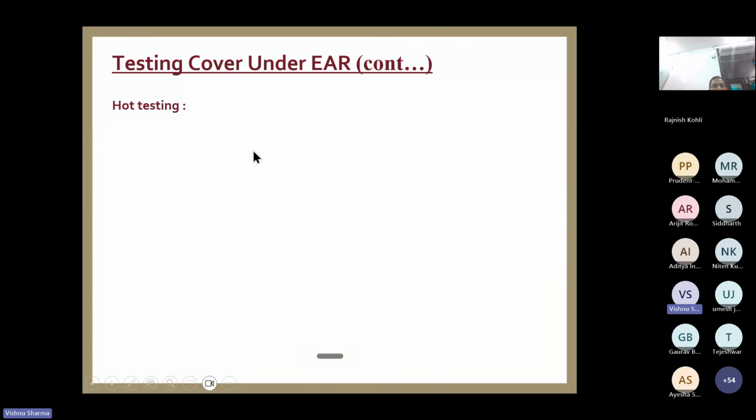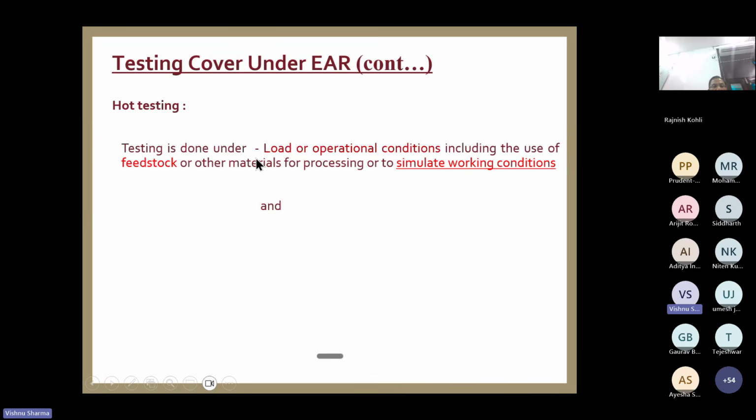Hot testing is just the opposite. You test by giving load, testing the machinery in actual working situation by feeding the feedstock and other material, giving 100% load as if it is being operated in practice. After commissioning, the way it will be operated under operation, in the same way you test it. That is hot testing.